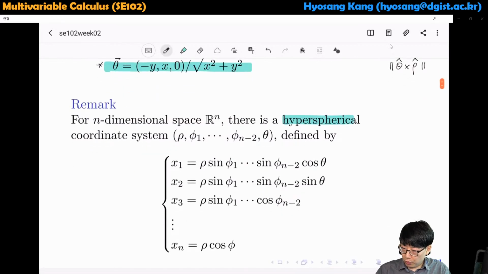Instead of one phi, you get n minus 2 phis for n-dimensional space. So you have rho, phi 1 to phi n minus 2, and theta to represent the Cartesian coordinates of n-dimensional space, x1 to xn. What's good about this is that some systems are easily explained by the spherical coordinate system instead of the Cartesian coordinate system.